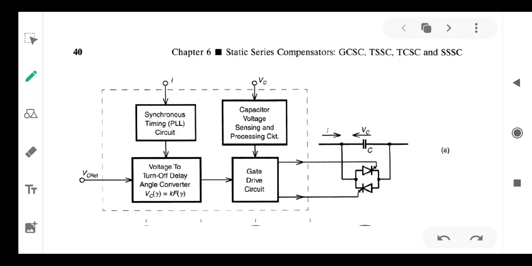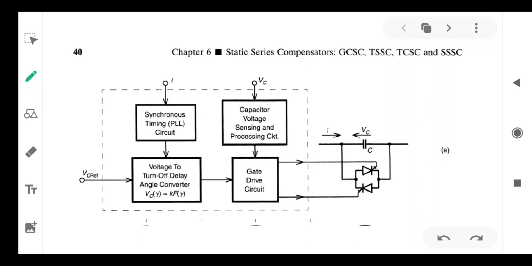The GCSC functioning, as you are aware, is a dual functioning of TCR, in which TCR is controlling the current waveform, whereas GCSC is controlling the voltage waveform, and TCR is injecting current harmonics into the system.